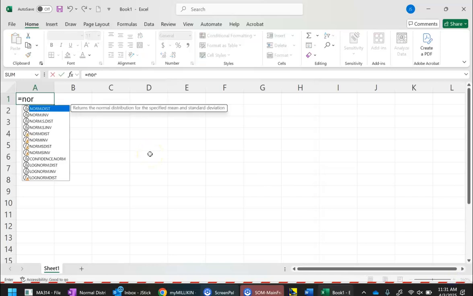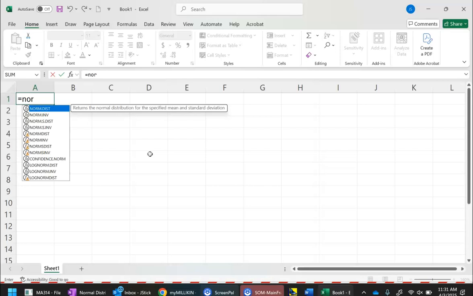There's a couple of different ones in here. Norm.dist is your normal distribution where you would specify both what the mean of the distribution is and what the variance of the distribution is. It might actually be standard. Oh, no, it even says standard deviation. So you have to do the square root of variance.